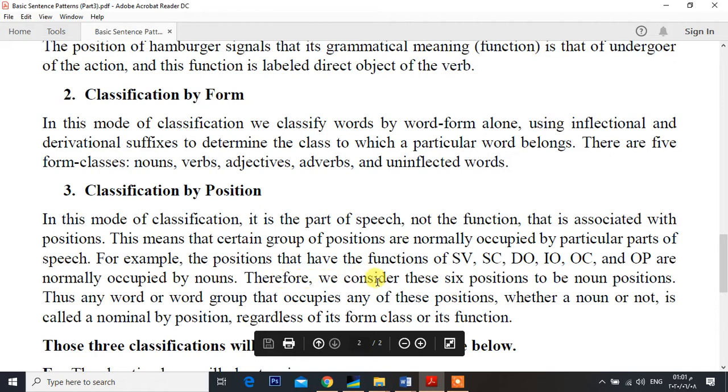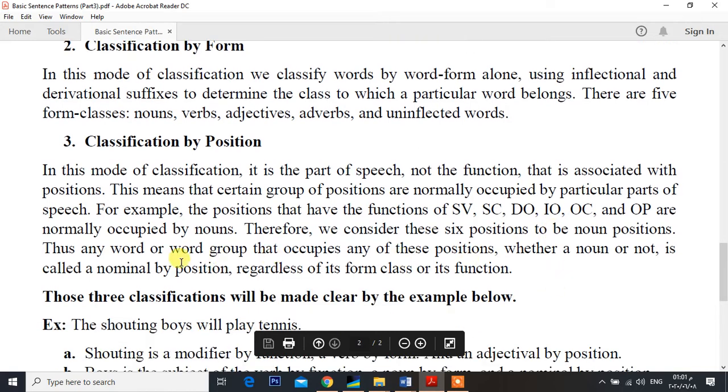Therefore, we consider these 6 positions to be noun positions. Thus, any word or word group that occupies any of these positions, whether a noun or not, is called a nominal by position, regardless of its form, class, or its function.